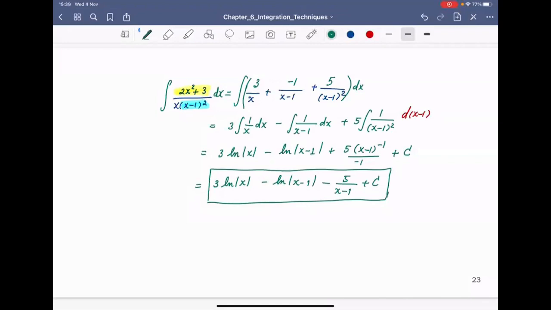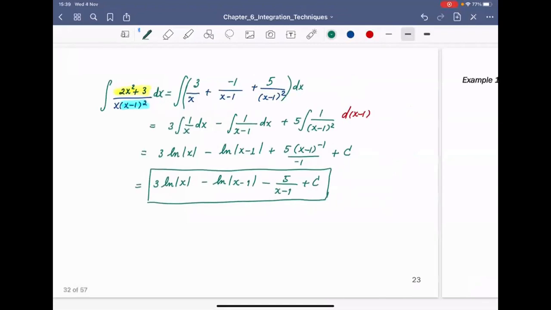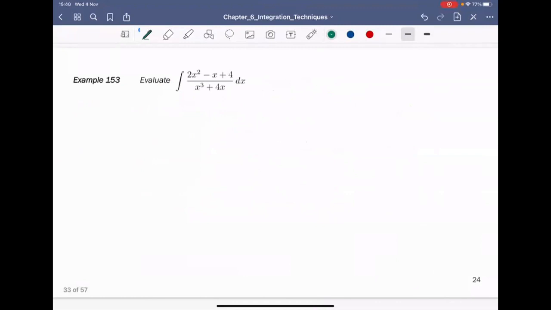All right, the last one for this topic, 153. So let's look at the one when you have the quadratic terms in the denominator. I'm going to set up the decomposition first. Again, before you set up the decomposition, make sure you have a proper rational function.